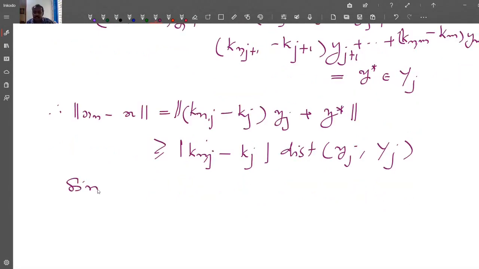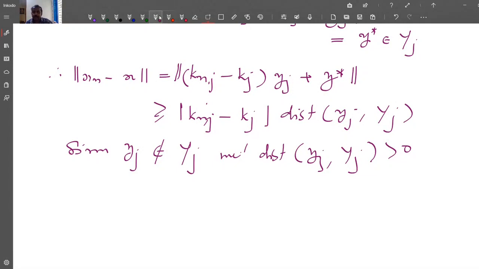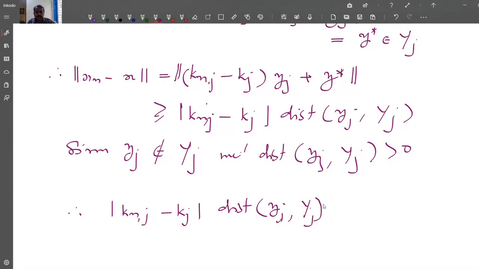And since yj does not belong to capital Yj, we have the distance between yj and Yj is greater than 0. Therefore, modulus of knj minus kj into distance between yj and Yj is less than or equal to norm xn minus x.